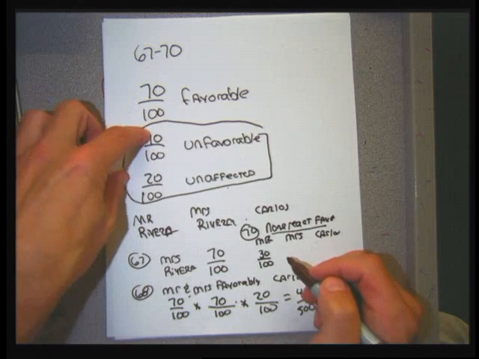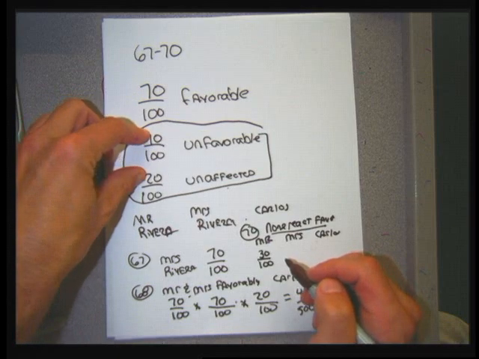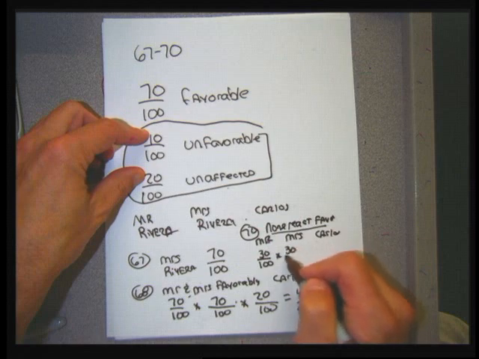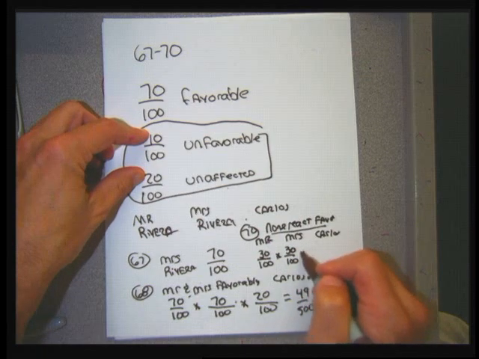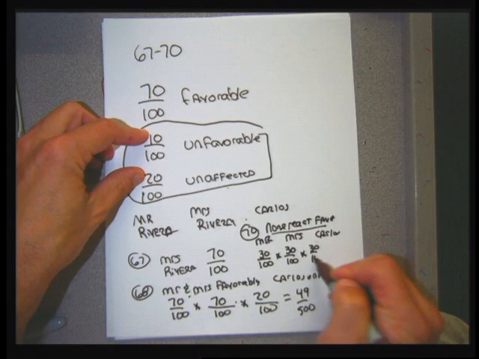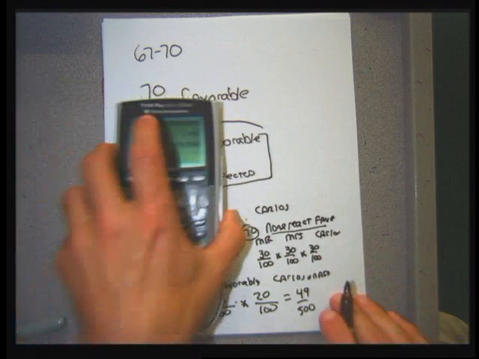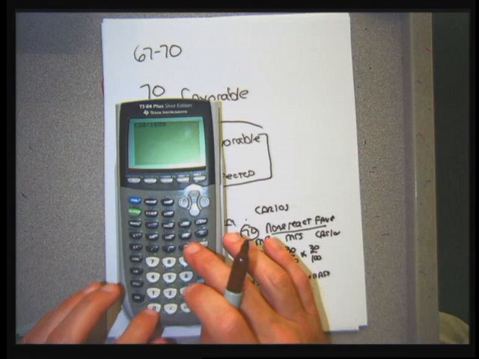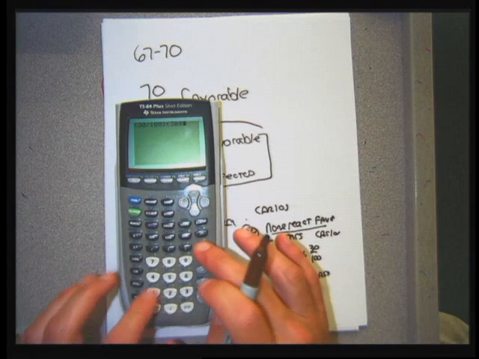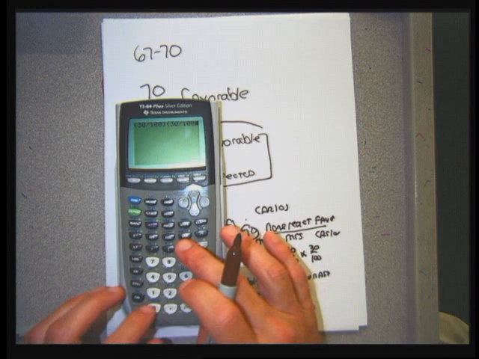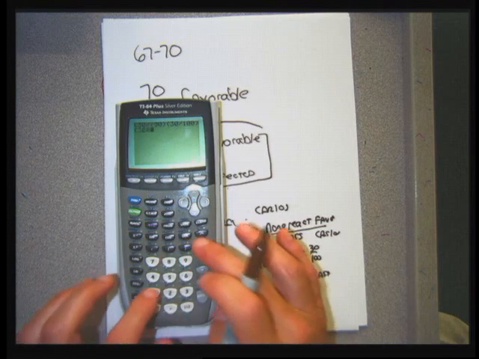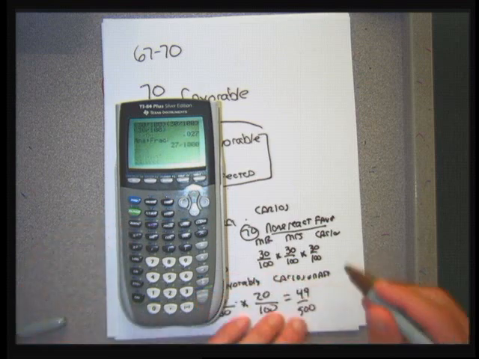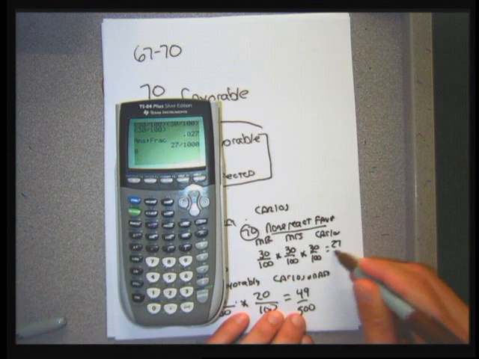It's either the 10% chance that he's unfavorable or the 20% chance that he's unaffected. Similarly, Mrs. Rivera has the same 30% chance, and Carlos has the same 30% chance. So if I do 30 divided by 100 in parentheses, three times, enter, math, enter, enter, I get 27 in 1,000.